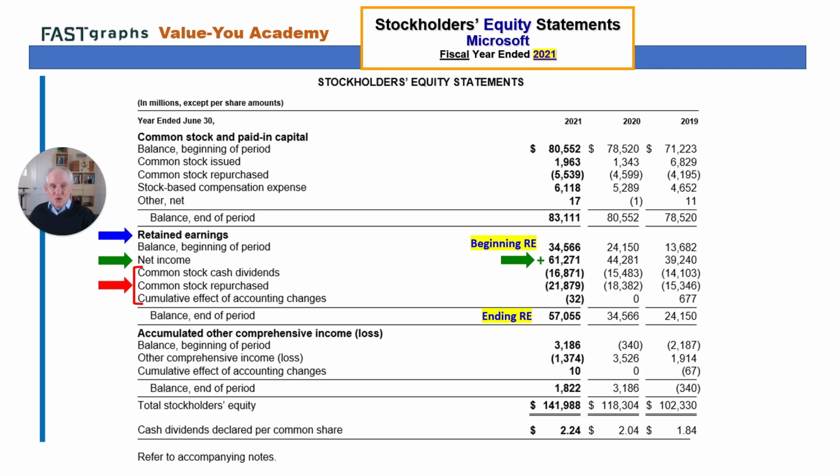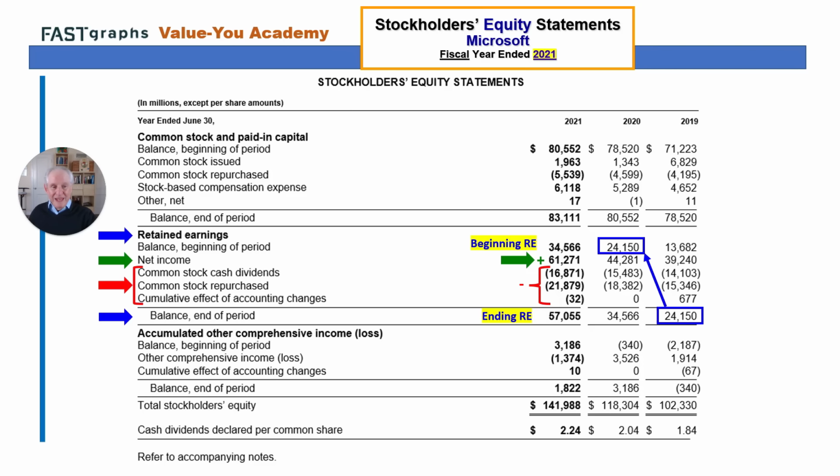All right, so those are minuses to retained earnings. We do the math, and we still went from 34.5 up to 57 after we take those things off. And that's the plug that moves into the balance sheet to make it balance. Very important section of the balance sheet, the equity section.